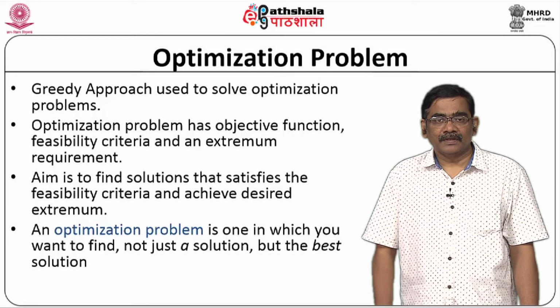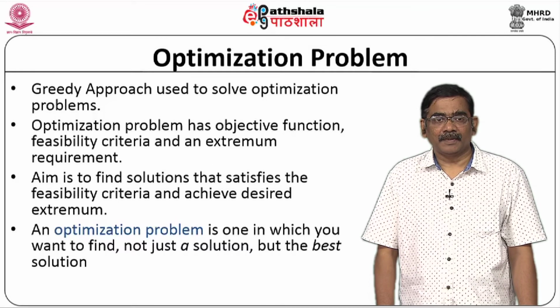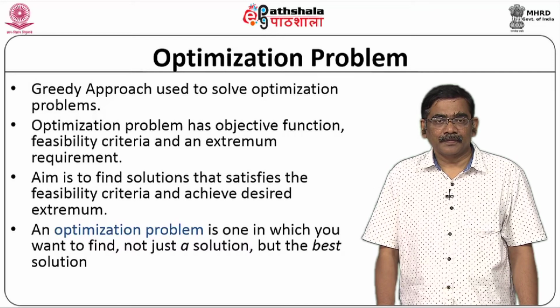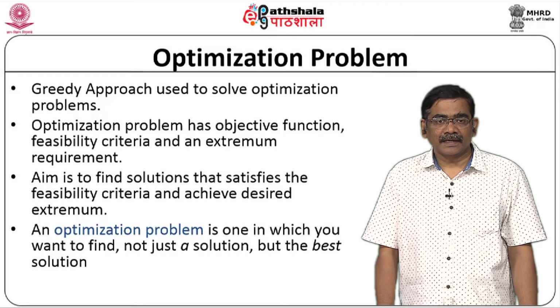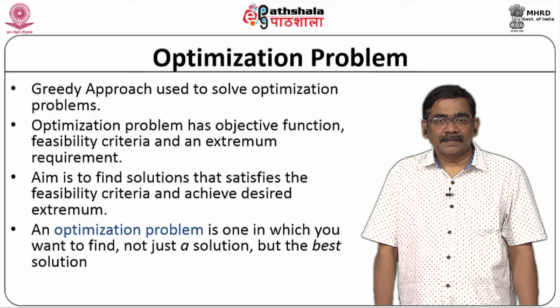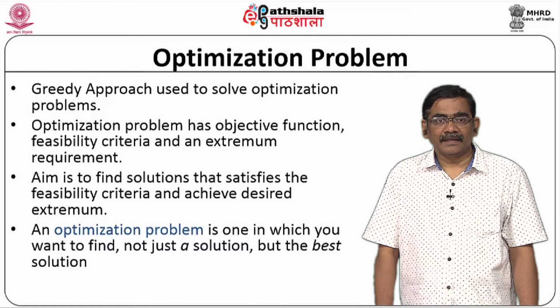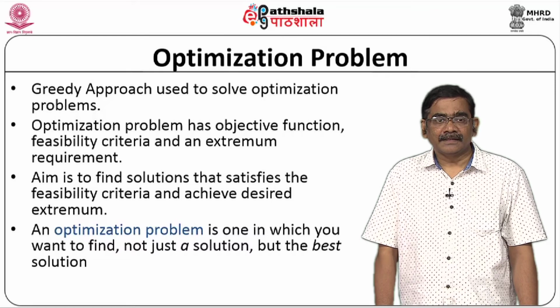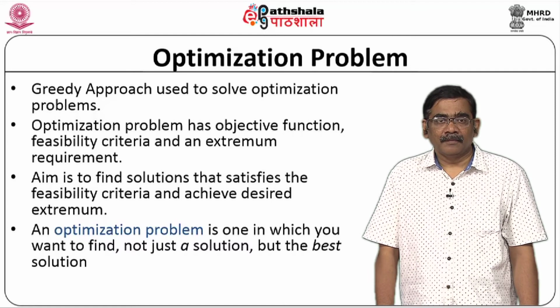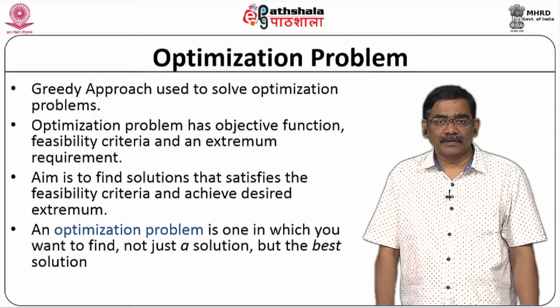What is the aim of the solution of an optimization problem? Any problem will have n number of solutions. All the solutions are called candidate solutions. All the solutions that satisfy the feasibility criteria and achieve the desired extremum are what we call optimal solutions. In other words, a problem may have many candidate solutions.